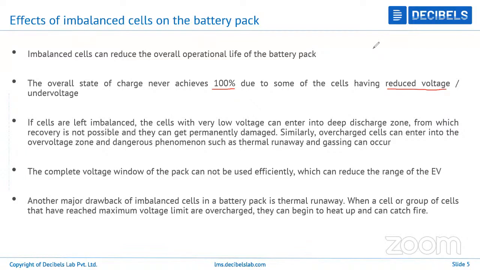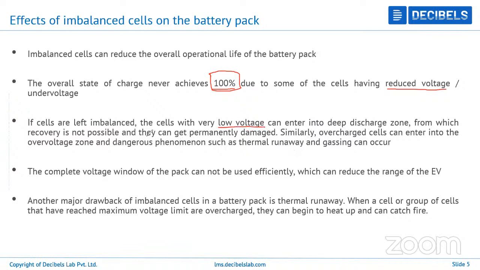That can happen because of aging, which can limit the charging limit of some cells. Because of that, the entire battery pack will never achieve a true state of charge of 100%. So that means a reduced voltage window.